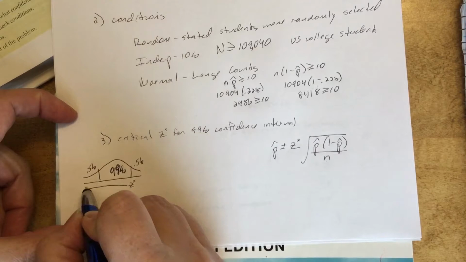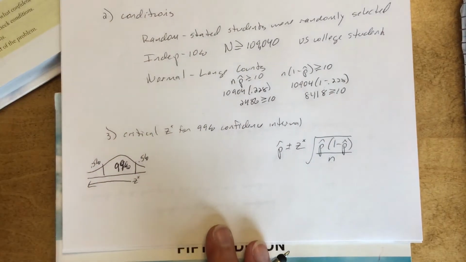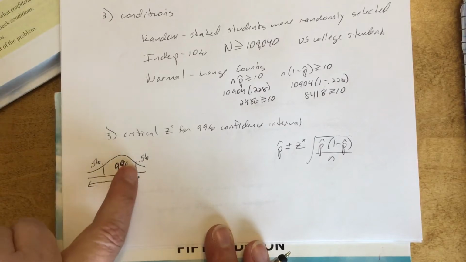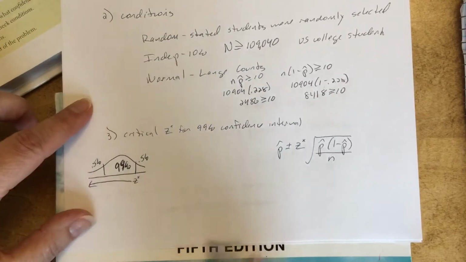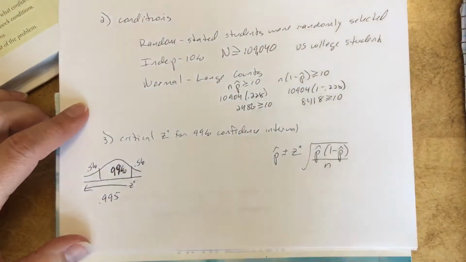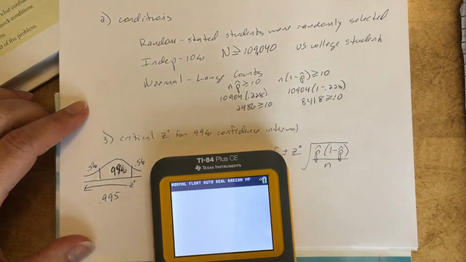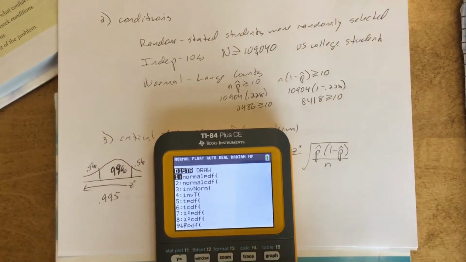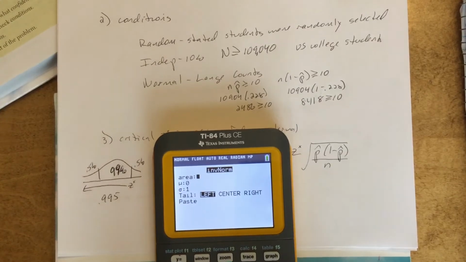I'm just going to look up in the calculator, do my inverse norm, and find the critical z for this entire area. So this entire area is 99.5%, so 0.995. If we recall how to do that, go to second vars, or our distribution. There's my inverse norm. So area to the left is 0.995.